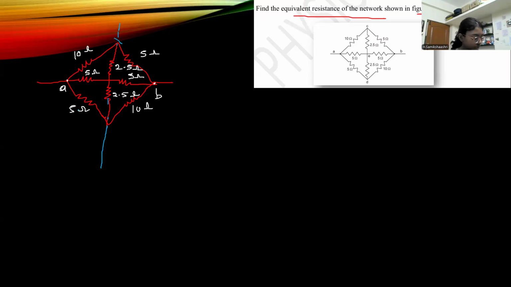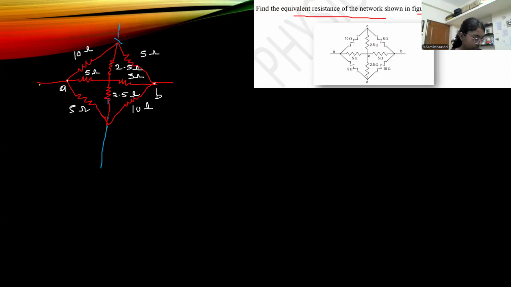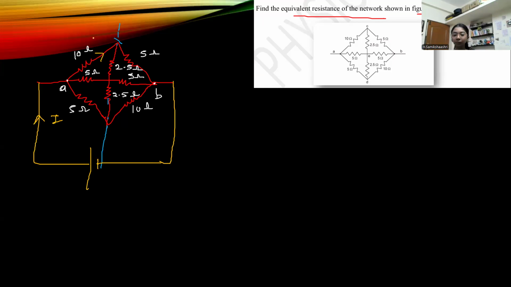Now I'm asking, find the equivalent resistance between A and B. Assume a battery is there between A and B. Current is coming like this. Here let us suppose I1 current, here I2, here I3. Same pattern on the right side.